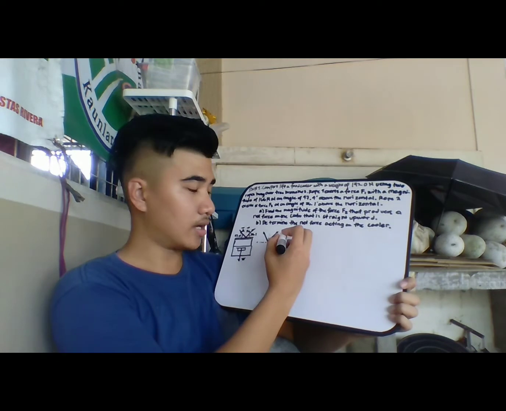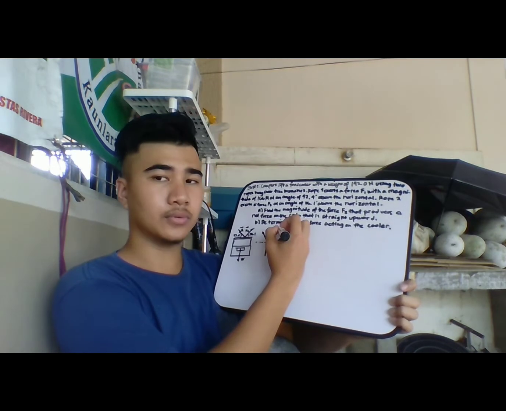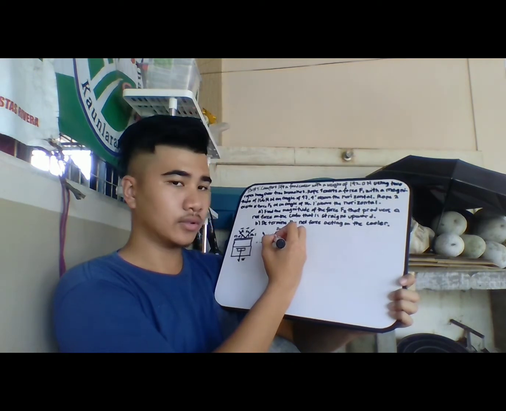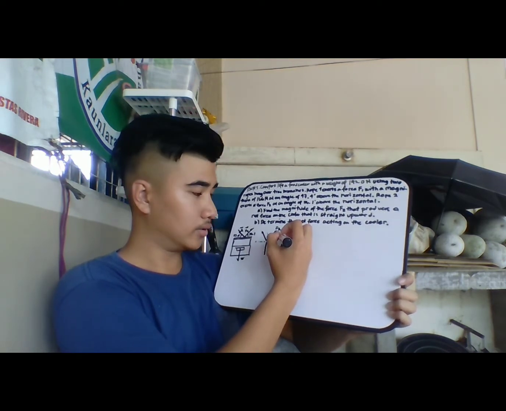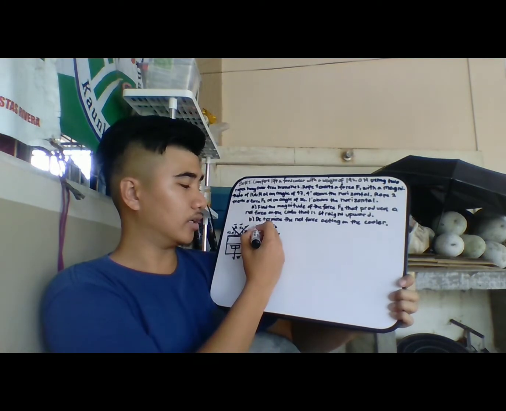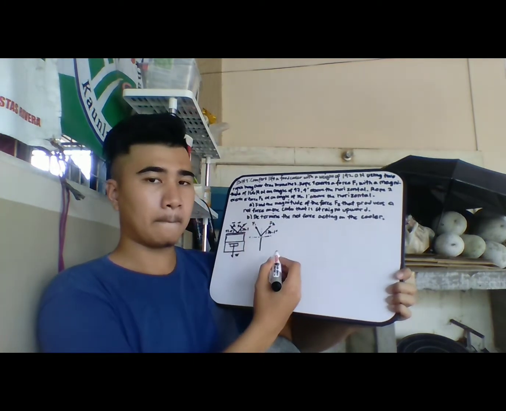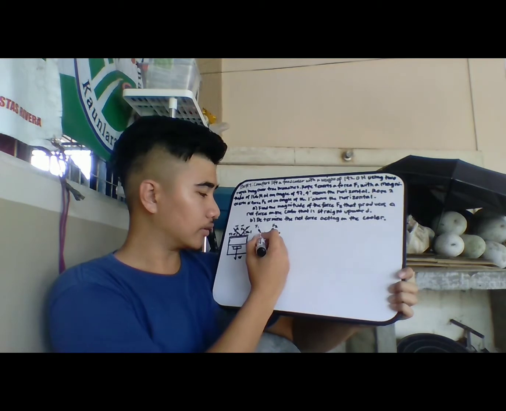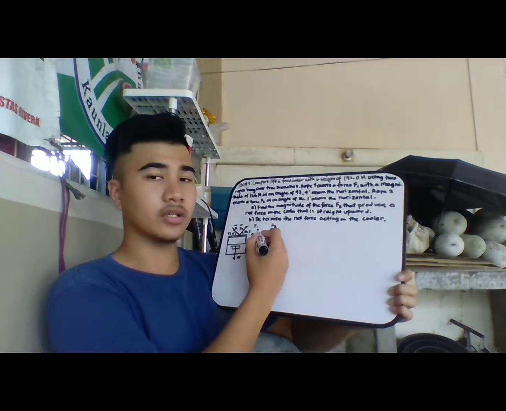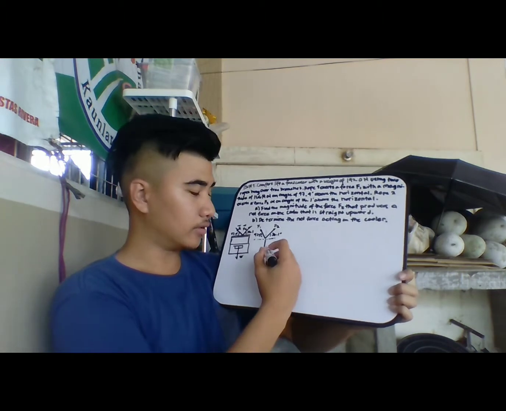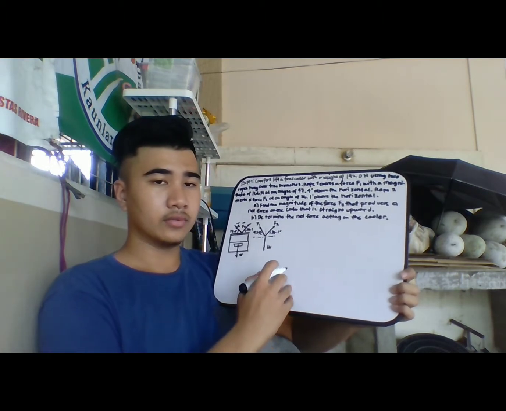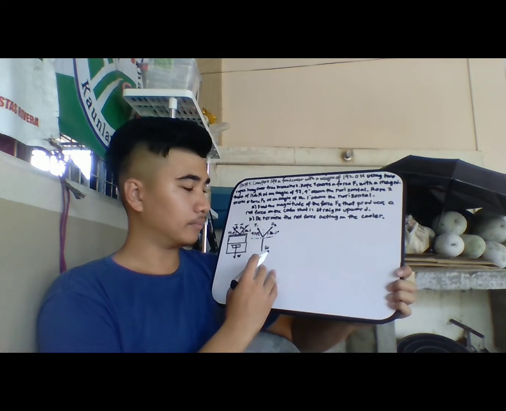And this is the F2, and we have 36.1 degrees. This is our F1, and this is 47.4 degrees. And this is the weight of the object. This is our free body diagram.